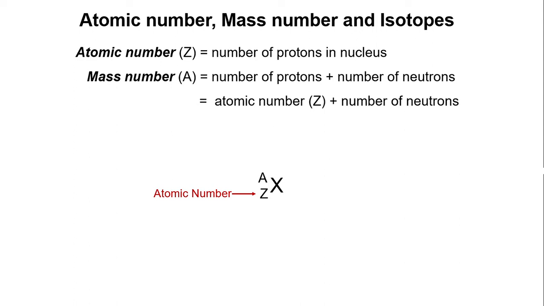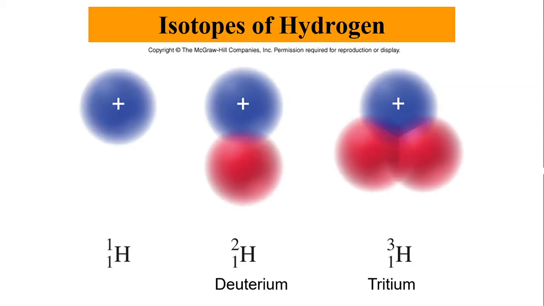Let's consider the element hydrogen. Hydrogen is known to exist in 3 major isotopes, and we can represent them here with the blue spheres representing protons and the red spheres representing neutrons.